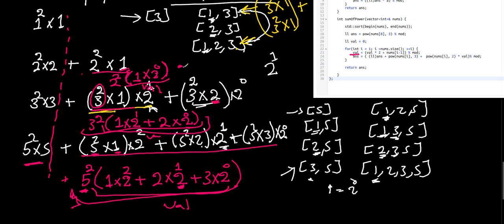So when we move from this step to this step, this line is multiplying the val by 2 and adding nums of i minus 1.